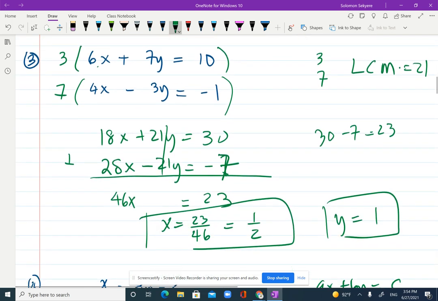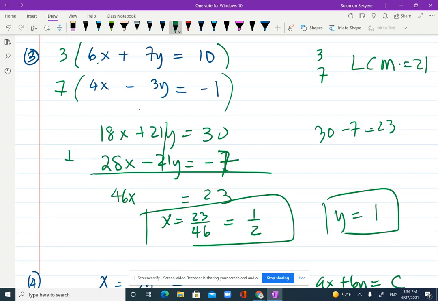Okay, what about the third one? We have 6x plus 3y equals 10, and then 4x minus 7y equals negative 1. So we don't have any of the coefficients of the same value.